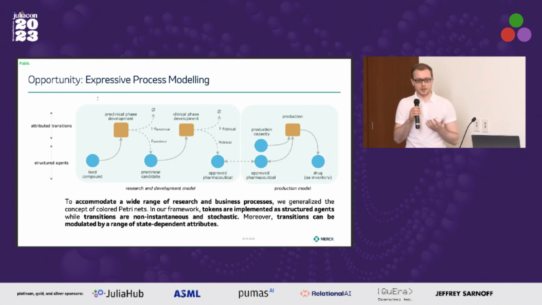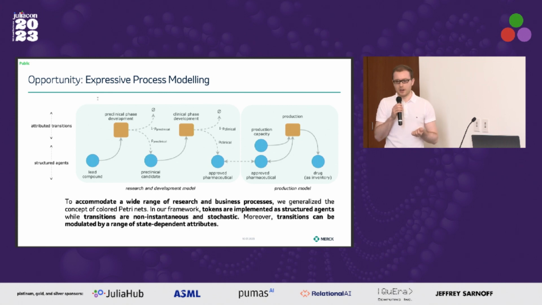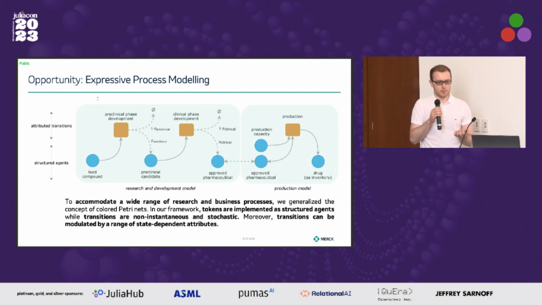These transitions, or rules, are the driving force of the system. Petri nets are already very powerful, but of course they are not able to capture all the complexity of the processes that naturally occur in science and business. So this generalization took place in several steps.